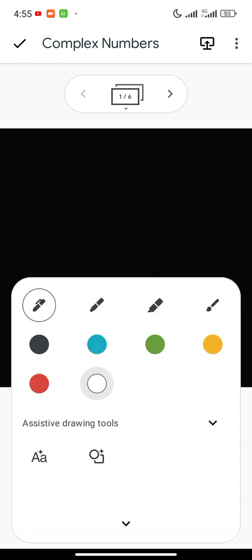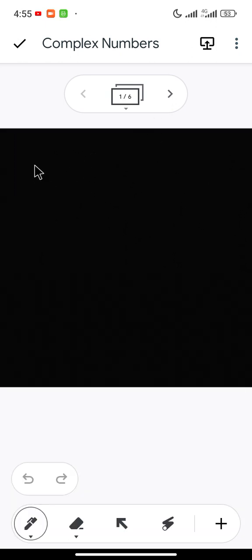Let's say you have 4i. I'm going to convert this to polar form. Same thing applies. We have 0 plus 4i. We say let the real part be equal to 0 and the imaginary part be equal to 4.